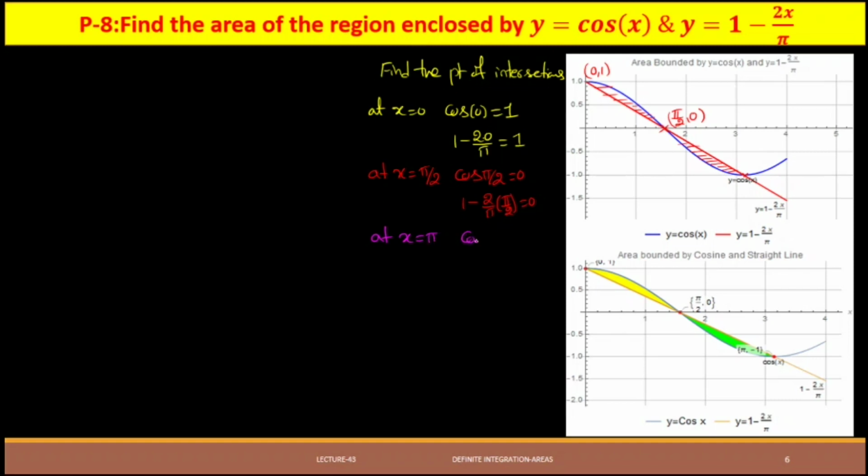Cos pi value is minus 1, and the value of the line is 1 minus 2 by pi into pi, that is 1 minus 2, which is equal to minus 1. So both the curves match at the point pi. So this is another point of intersection, namely pi comma minus 1.